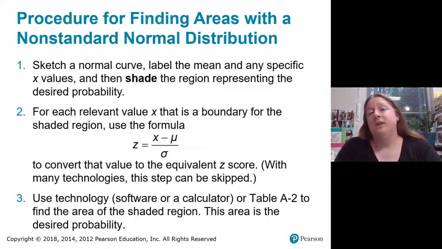And then underneath our horizontal axis, where we have our x labels with the mean and our x value, we're going to make a second axis that's a z-axis where the mean will be 0, and whatever boundary value we're interested in is going to be transformed into a z-score to be standardized, and we'll label that on our z-axis.